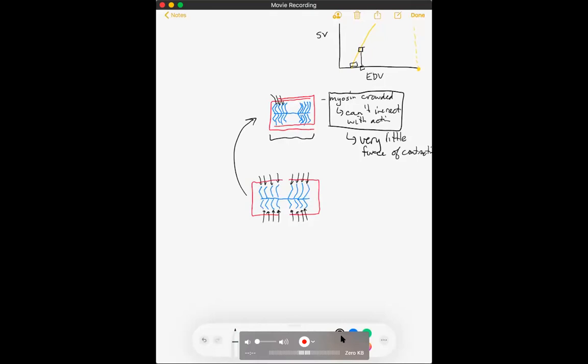A lot better. So what you get is more myosin actin interactions, and you get less crowding, and the end result of all this is that you get more force of contraction.